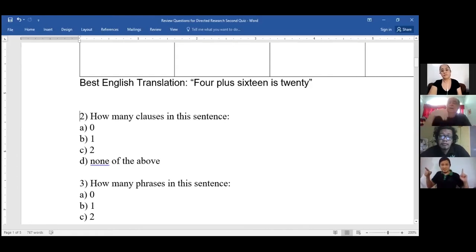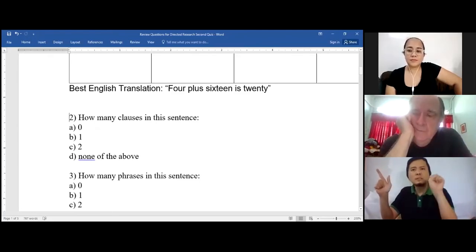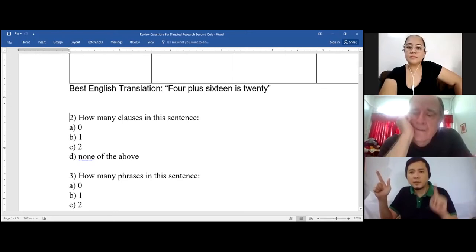It's put inside of the main clause. Now, if 20 is the predicate, what is the subject of 20? 4, 16 together.